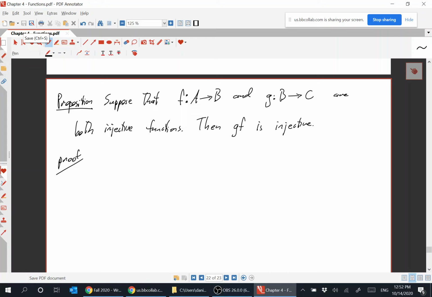All right, so what does it mean for this to be injective? We know that f is injective, and we know that g is injective. What does it mean for g f to be injective? What do we need to show?